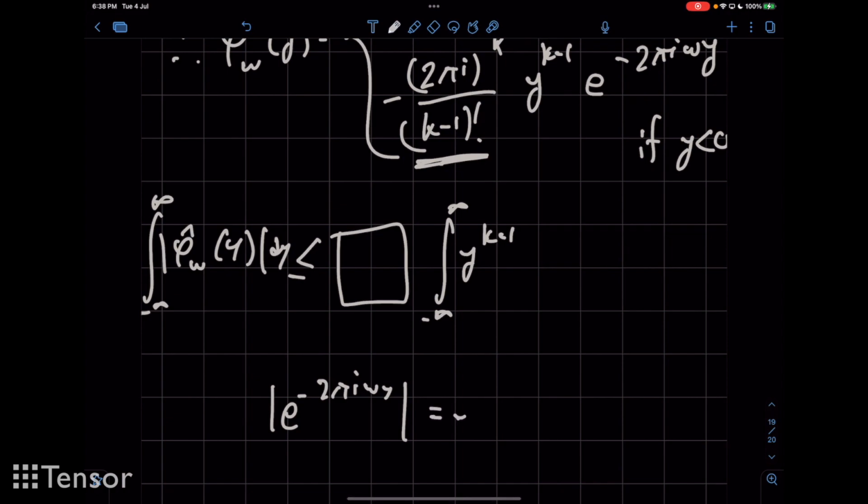This is e to the 2 pi times the imaginary part of w times y.